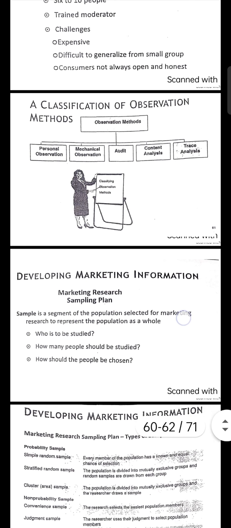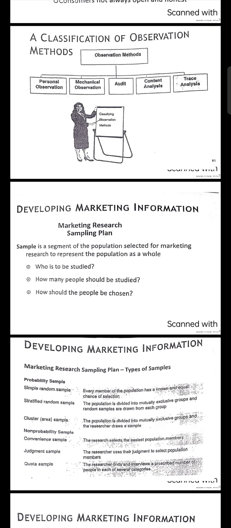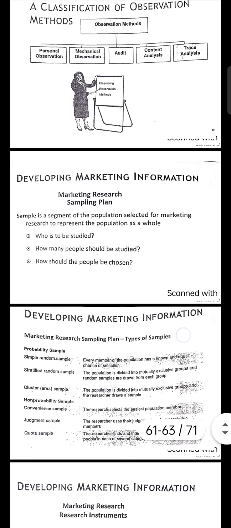And the next one, developing marketing information. Marketing research sampling plan. A sample is a segment of the population selected for marketing research to represent the population as a whole.